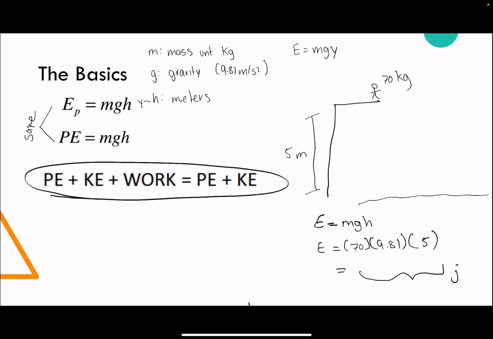But the interesting thing, and this is where the conservation of energy equation that we have right here starts coming into play, is what's going to happen when our guy jumps in and starts falling. If we use our formula, let's call this initial, and this one final.